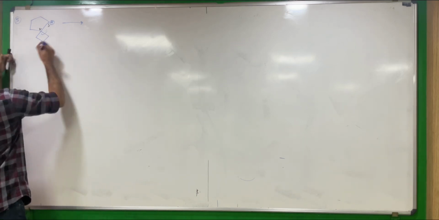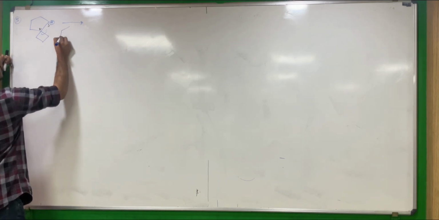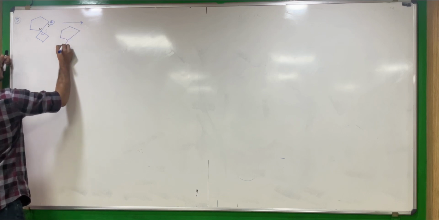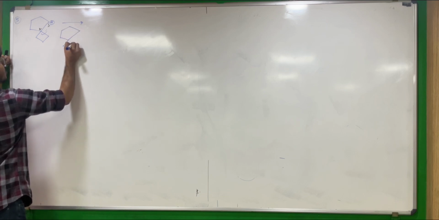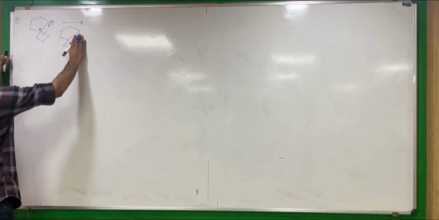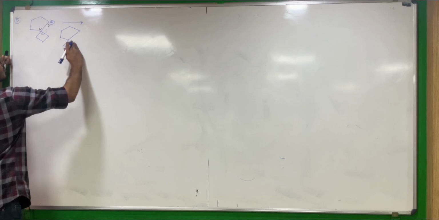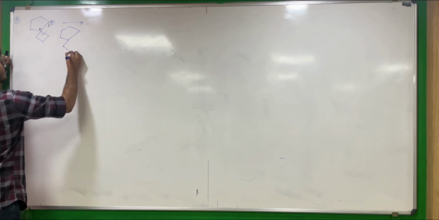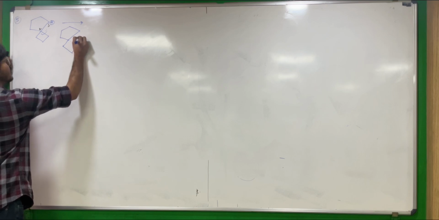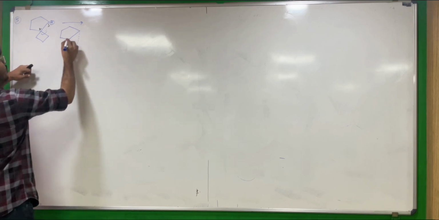So we draw the transition state. This bond will break from here and this bond will go to here. This bond will break from here and will connect with this one. So the positive charge will come here.